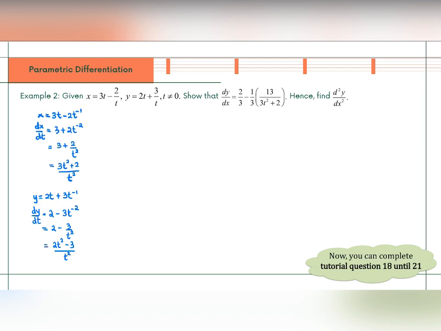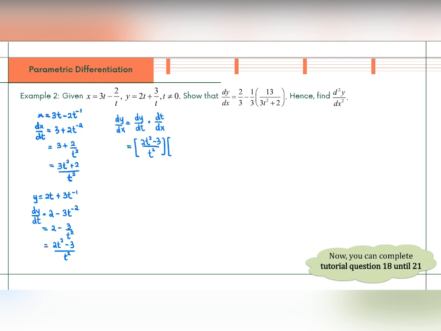Alright, so now our dy over dx is equals to dy over dt multiplied by dt over dx. Sebab kita apply chain rule kan. So dy over dt here will be 2t squared minus 3 over t squared, dan dt over dx adalah terbalikkan sahaja this function.